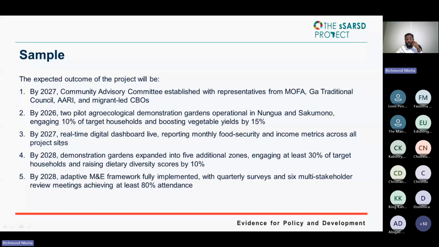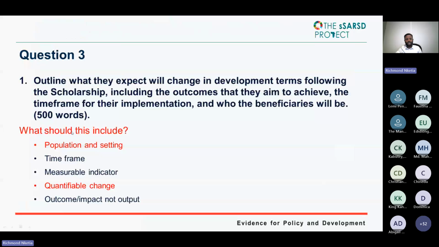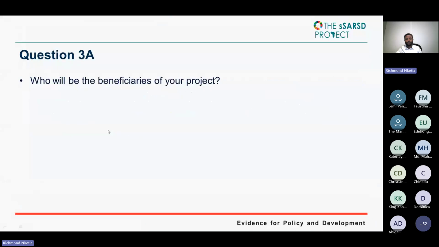By 2028, demonstration gardens expanded into 5 additional zones, engaging. So I've given you time frame, I've given you the communities, I've given you what I expect to change in quantifiable terms. I've talked about the population and then what will change. Yeah. So this is what you would want in each of them, like I've stated up there.